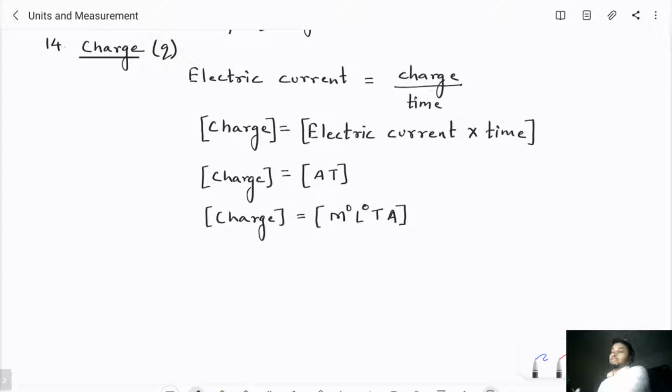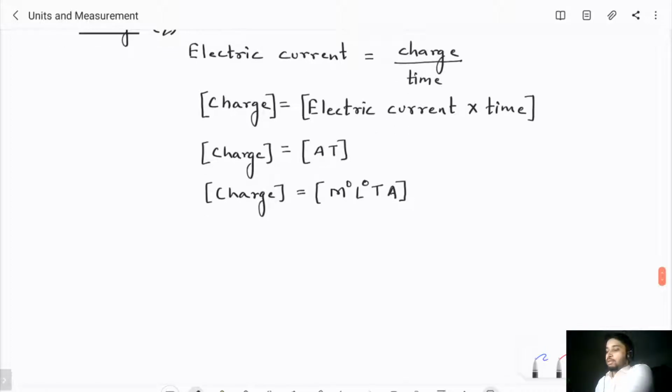Now the next physical quantity, let us see electrostatic potential.